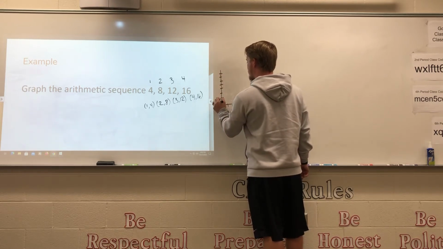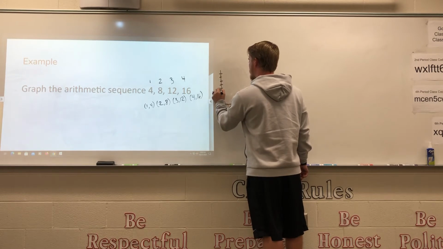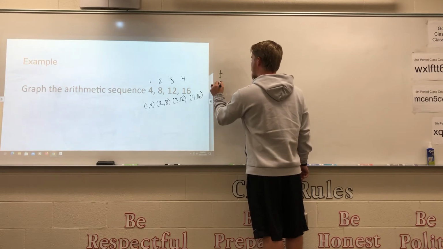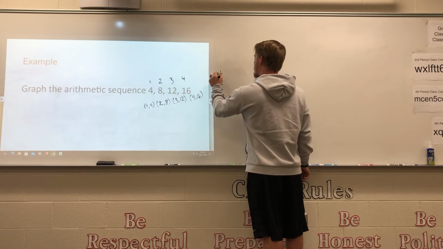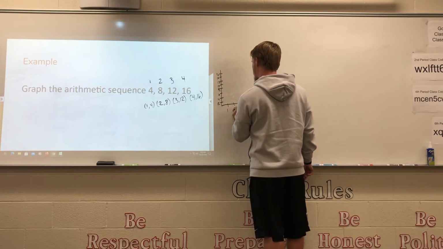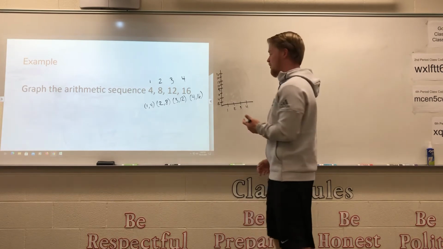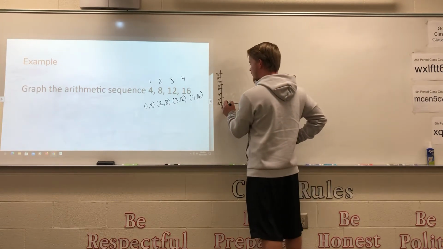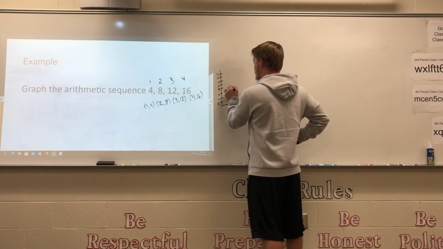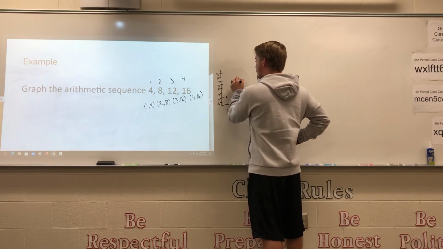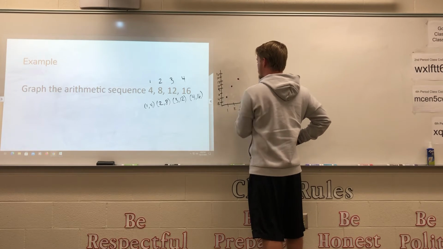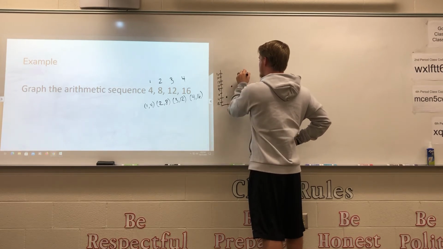I'm going to make a graph real quick. Okay, then I'm just plotting these. Remember, x goes first, so I go over to 1, up to 4, there's a point. Over to 2, up to 8, there's another point. Over to 3, up to 12, that's another point, and (4, 16) is your last point.